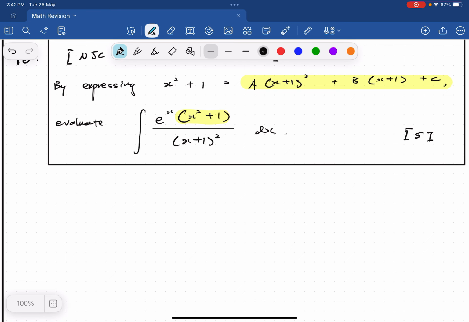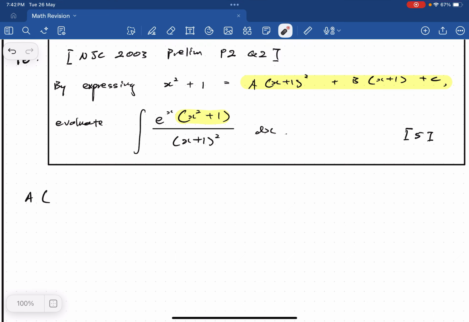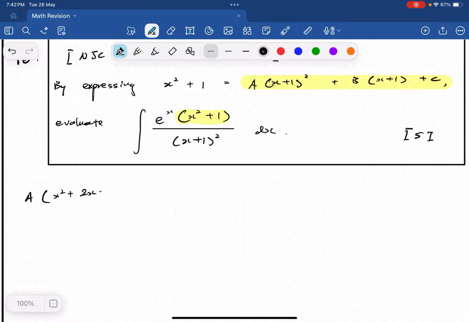So I'm going to expand and then I'm going to compare coefficients. Okay, so let's start from the right hand side. I'm going to expand this bracket now, and I'm going to write x squared plus 2x plus 1, and then plus bx plus b plus c equals to x squared plus 1.